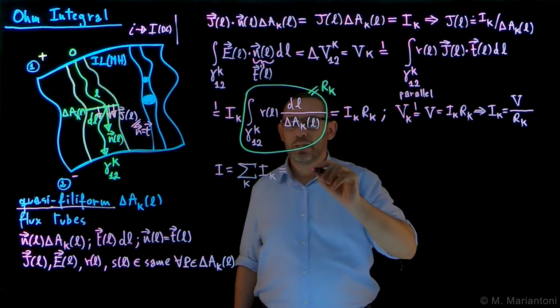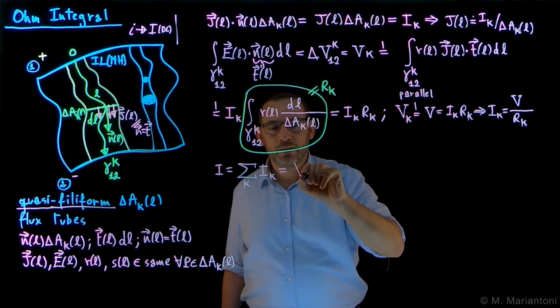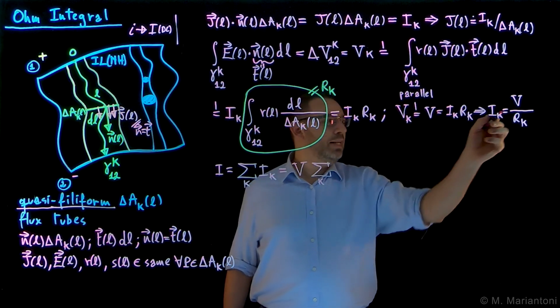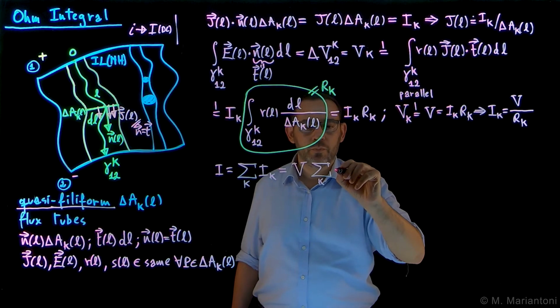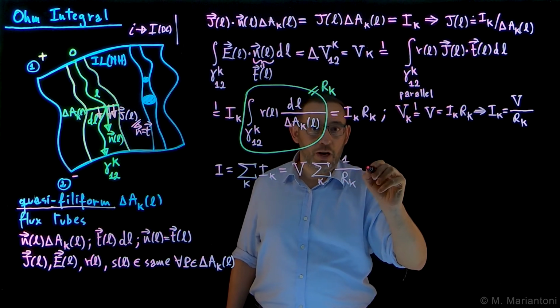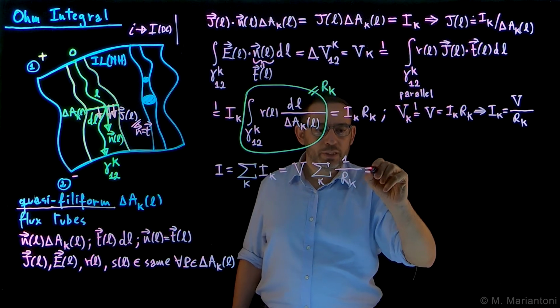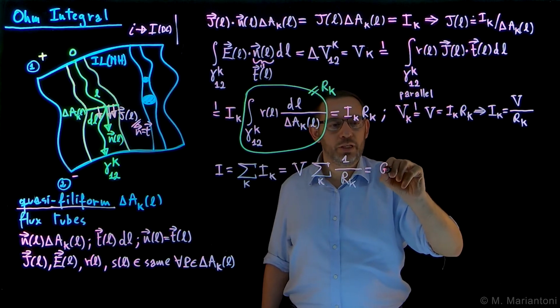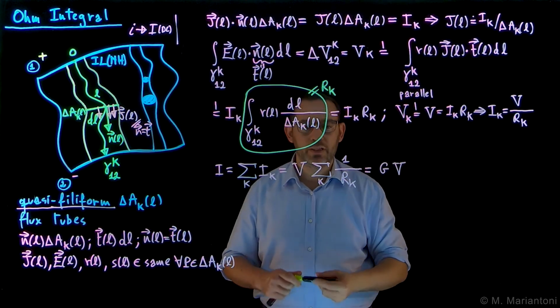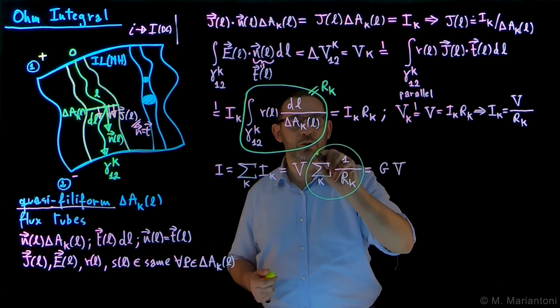And so now we substitute it, and we obtain that V is a constant, so we can take it outside the sign of sum. Sum over k, whatever is left of I_k, which is 1 over R_k. So this is the inverse of something which has units of ohms, and so this quantity we call the conductance. So this is G, the conductance, times V, where by definition this is the inverse of the resistance for the kth flux tube.